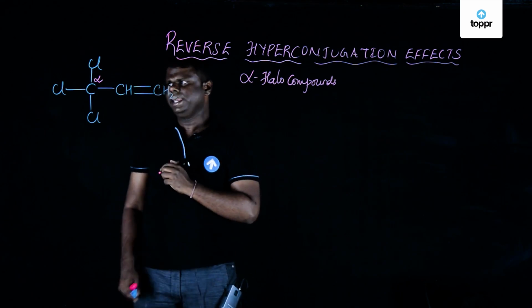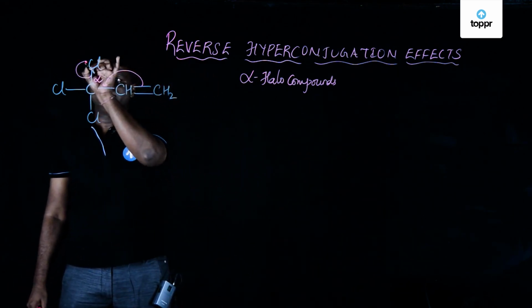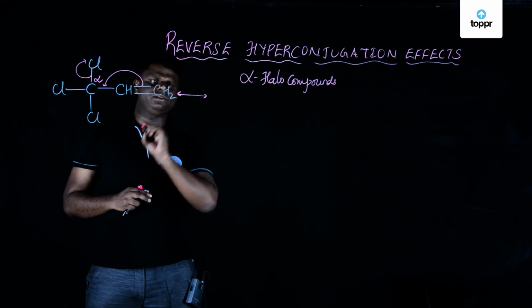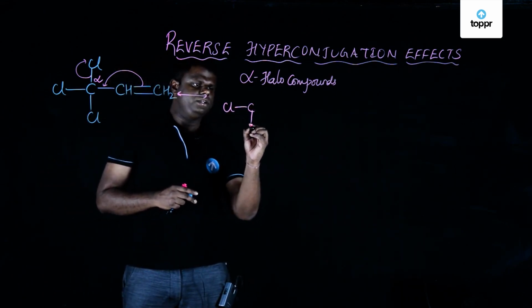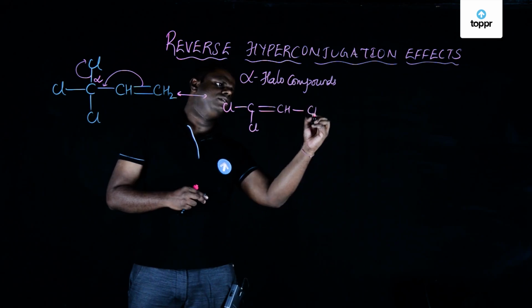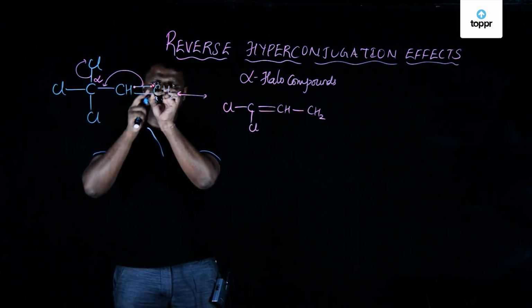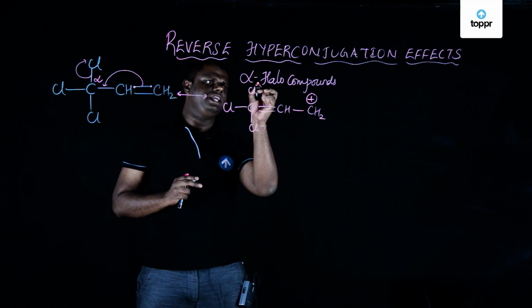In this case, the delocalization of electrons occurs towards the halogen group. You get the first hyperconjugation structure. So you have Cl, C, and then a Cl, then a double bond CH, single bond CH2. Now this carbon has lost this electron, so it gets a positive charge, and then you have a Cl with a negative charge.